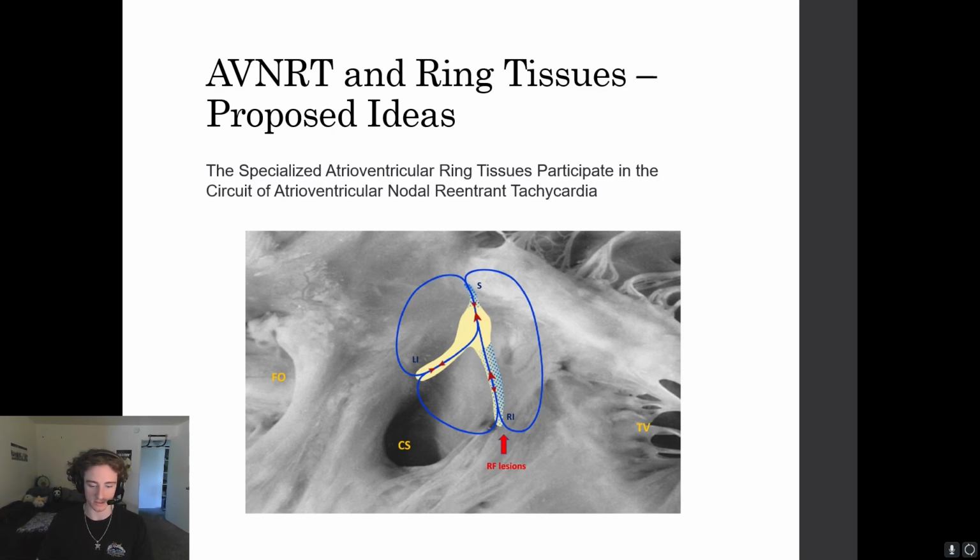This red arrow right here, and note these little arrows are showing the potential circuit, just looking at this diagram. This red arrow is going to be the site of successful ablations for AVNRT. So what's ablation? Essentially burning through either with radiofrequency or with something really cold, like cryoablation.